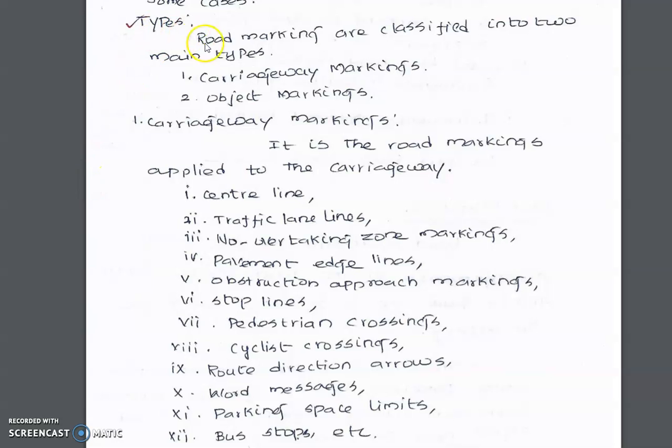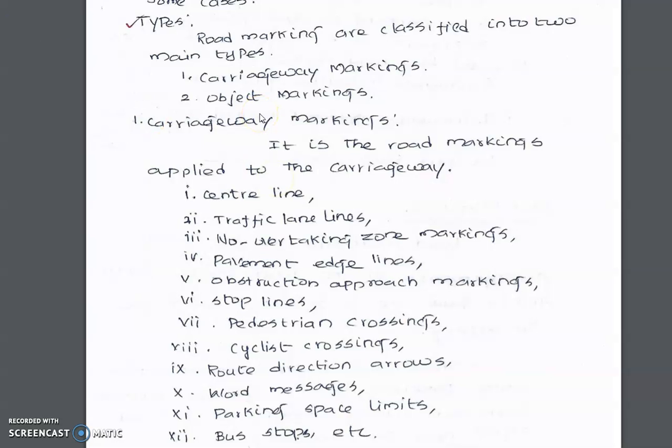Types of road marking are classified into two main types. One is the carriageway marking, the second one is the object marking. Carriageway marking is the road marking applied to the carriageway.